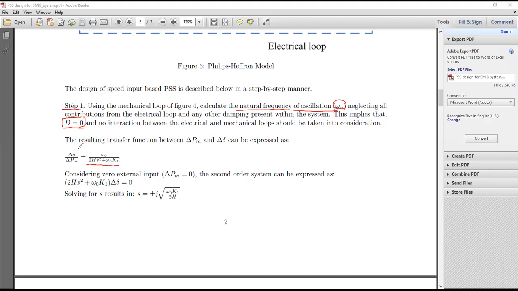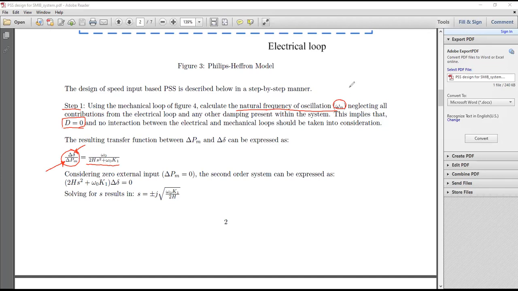So we had the transfer function representation between the output del delta from the mechanical loop of the system and the input del PM. Then we said, let's take the external input del PM equals to 0 and see the effect of any non-initial value of del delta on the system dynamics.